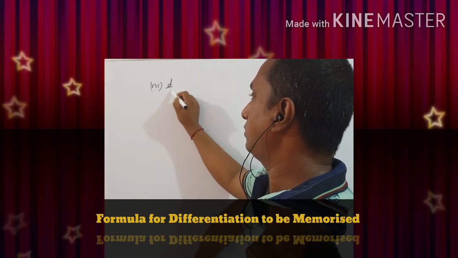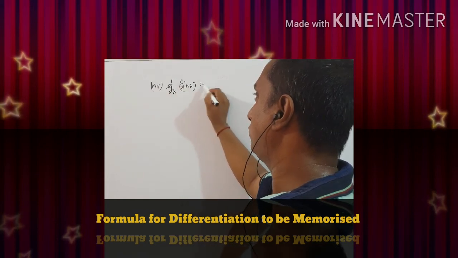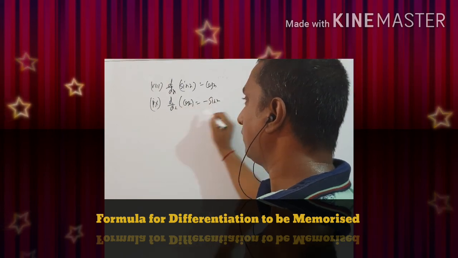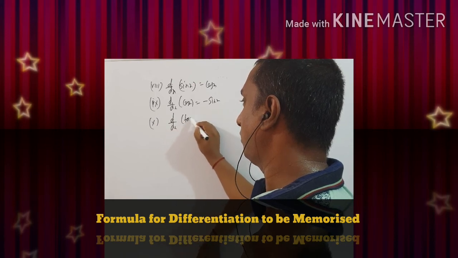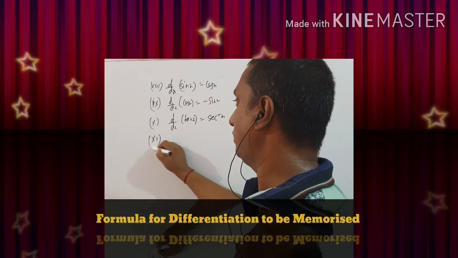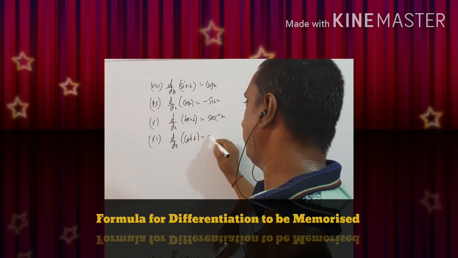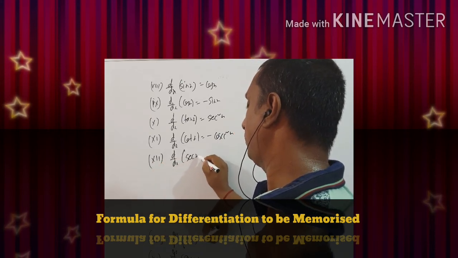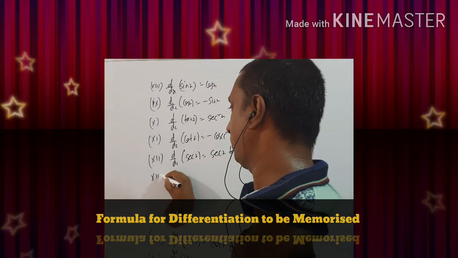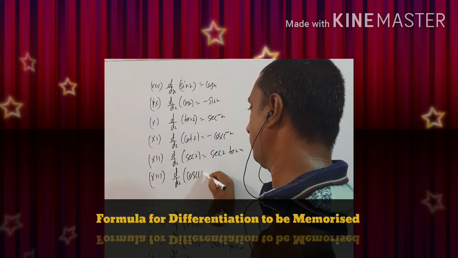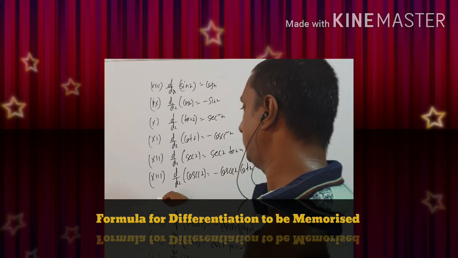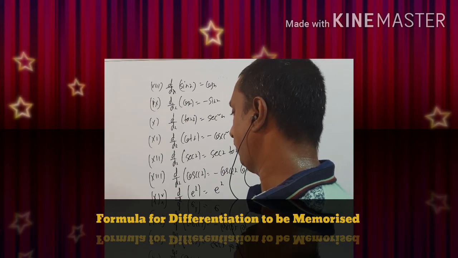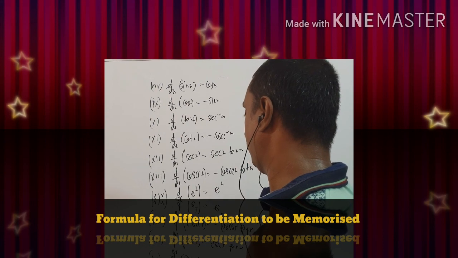8: d/dx of sin x equals cos x. 9: d/dx of cos x equals minus sin x. 10: d/dx of tan x equals sec square x. d/dx of cot x equals minus cosec square x. d/dx of sec x equals sec x tan x. d/dx of cosec x equals minus cosec x cot x. d/dx of e to the power x equals e to the power x, and d/dx of ln x equals 1 by x.